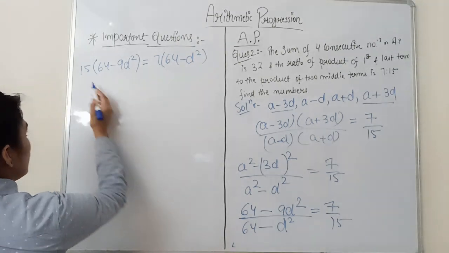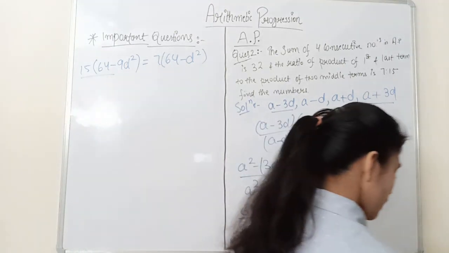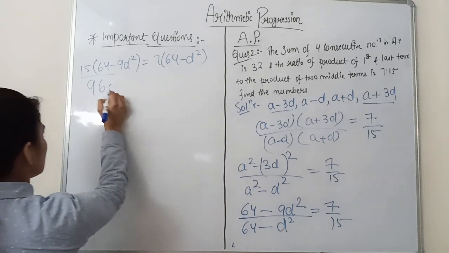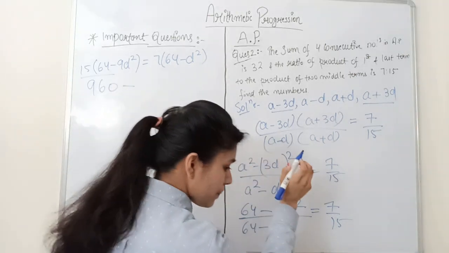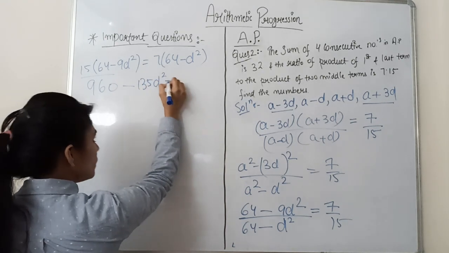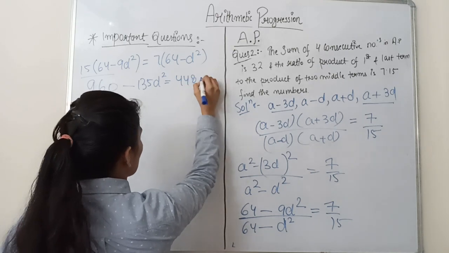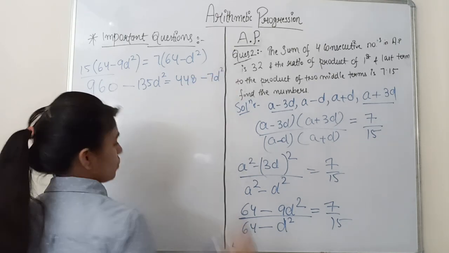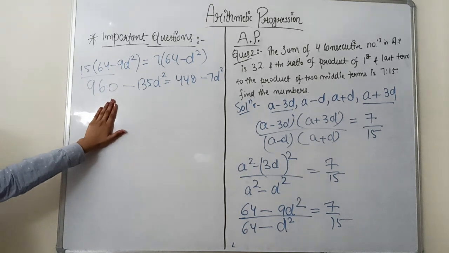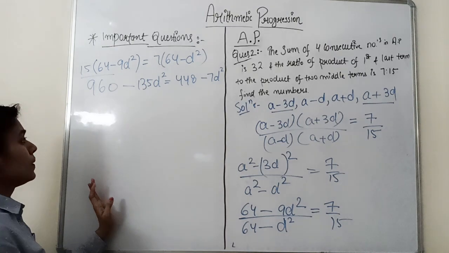64 into 15 equals 960, minus 135d square, equals 448 minus 7d square. 15 into 64 is 960, 7 into 64 is 448.